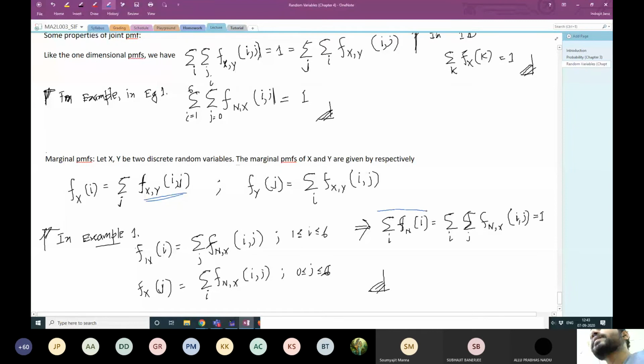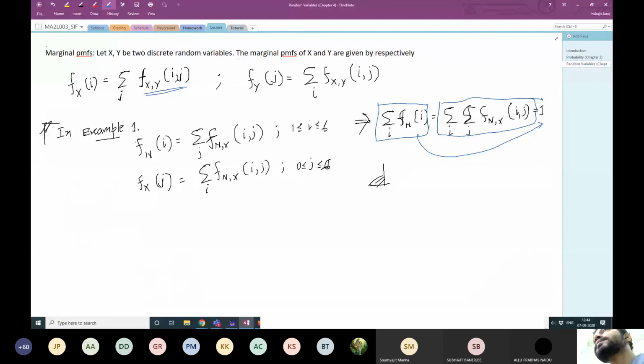Now, if you think about this, this is very consistent with all the previous lectures. It is saying that if you take the sum of this f_N(i), this is the probability mass function of N only, the sum is going to be 1. It is also telling you that the sum of the joint probability mass function is 1. I'm not doing the calculations here, but for N, in our example, this is actually going to be 1 over 6.